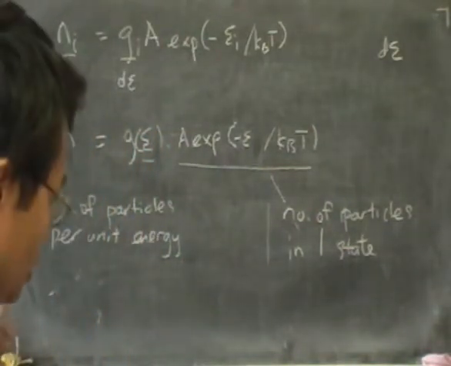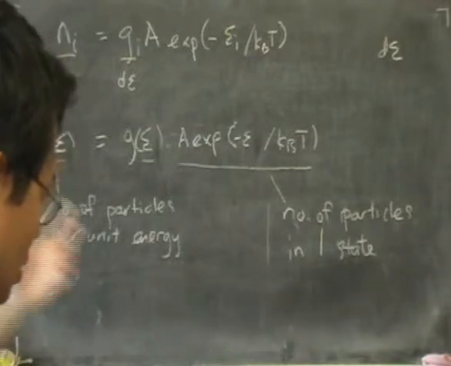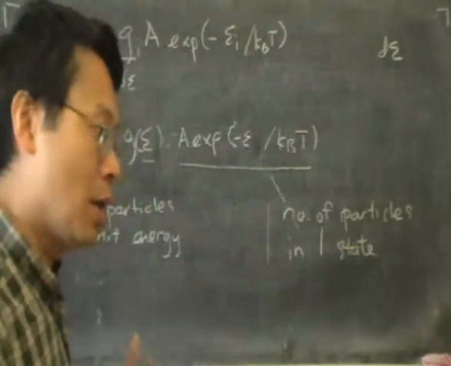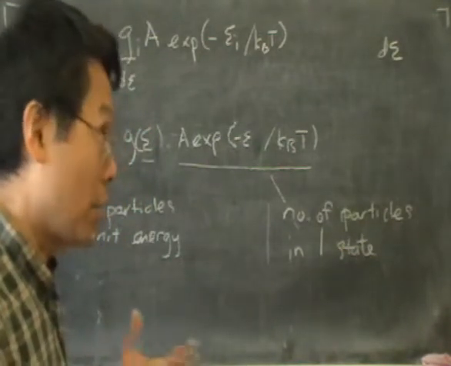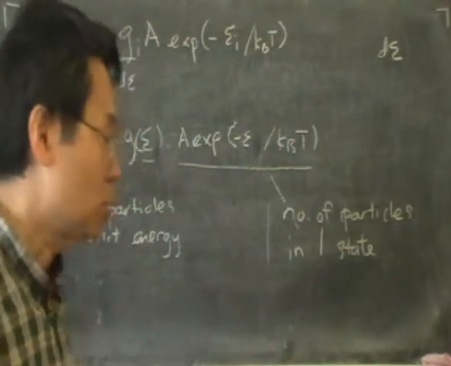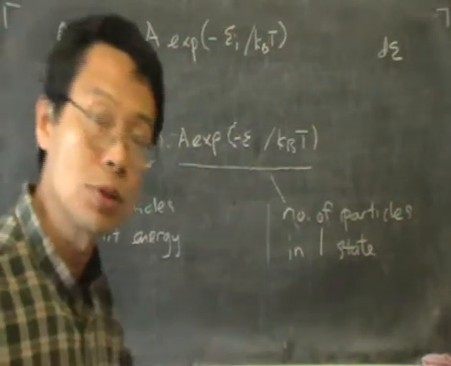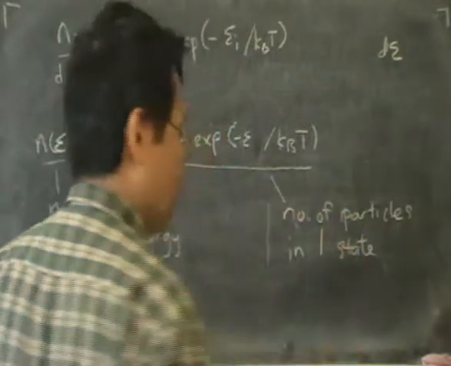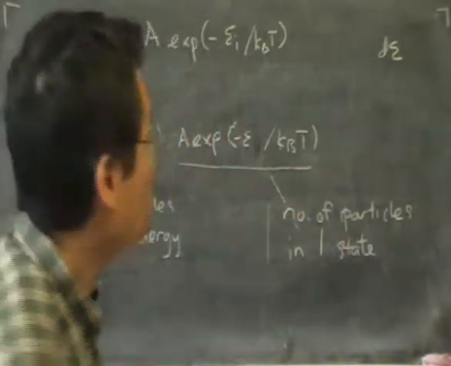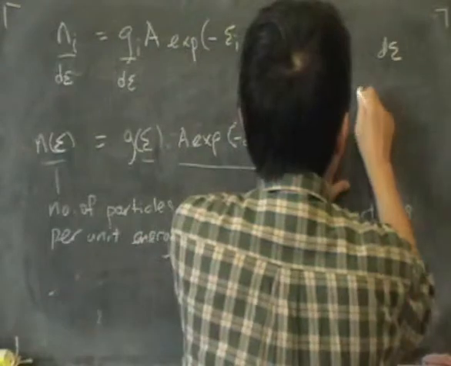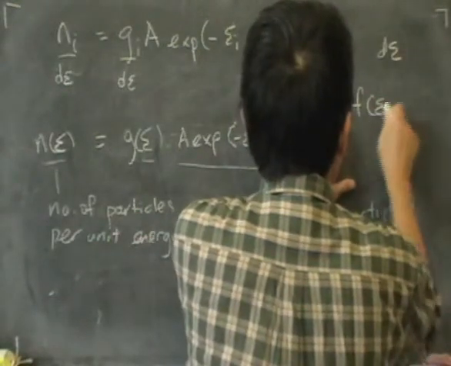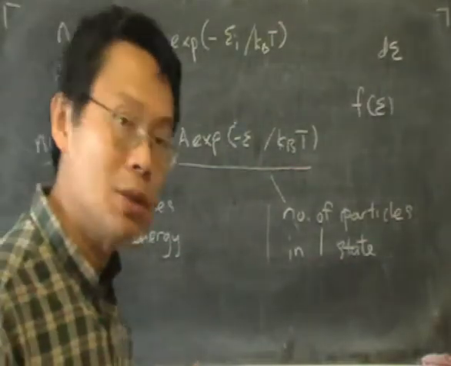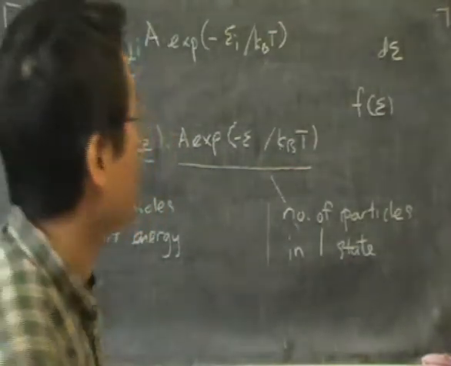Now later on we would learn about other types of distributions like the Fermi-Dirac distribution and Bose-Einstein distributions and distributions of phonons and photons. So when we learn those new distributions, we would often use the symbol f(e) to represent the number of particles in a state.